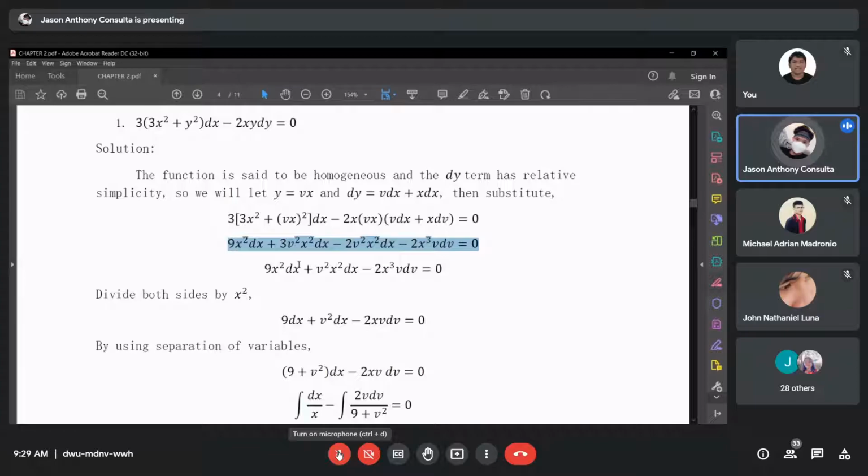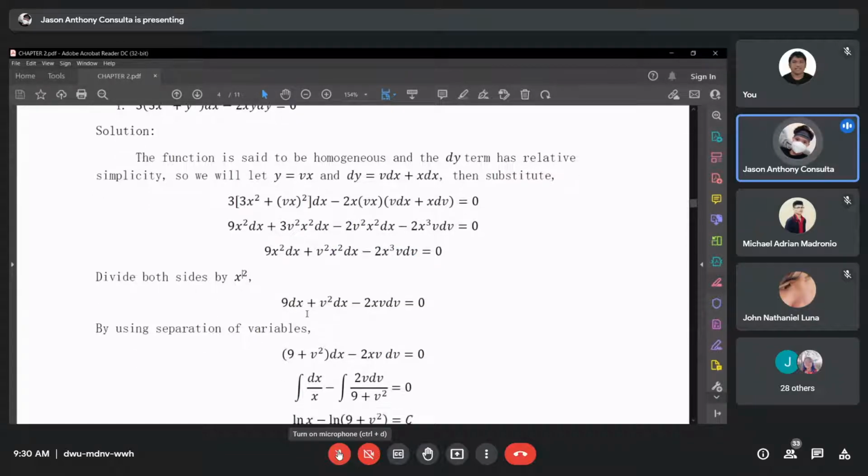After combining similar terms, find the common terms kung meron. So, in this case, the common sa kanila ang x squared. So, the common term is x squared. So, divide both sides by x squared. We find this one, 9 dx plus v squared dx minus 2xv dv. Okay? So, ito na, nakuha na natin to simplest form.